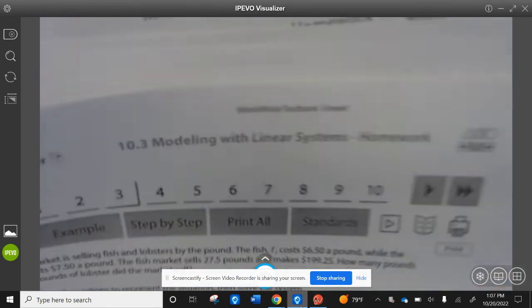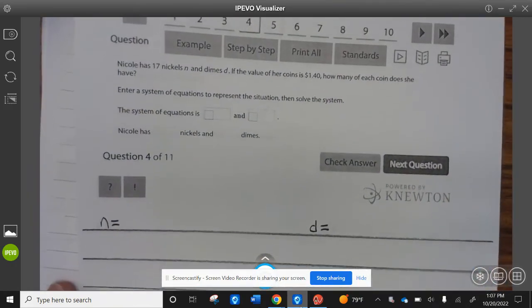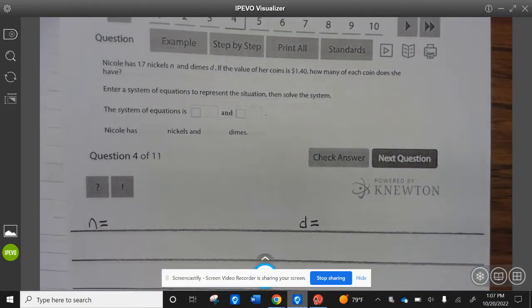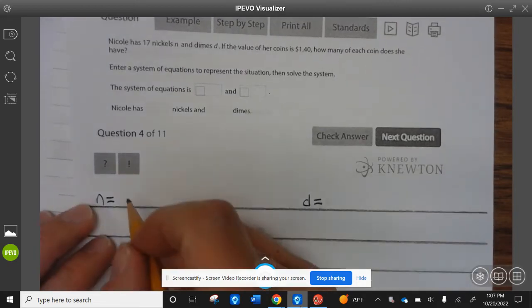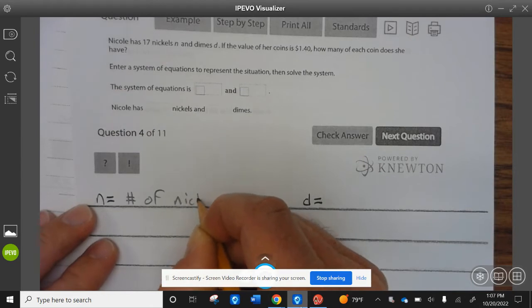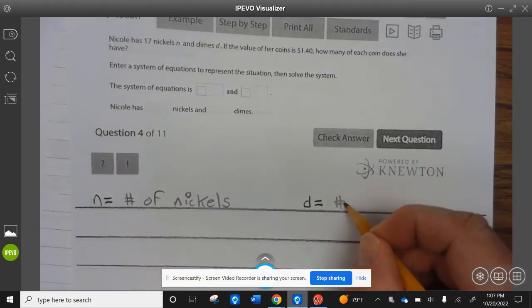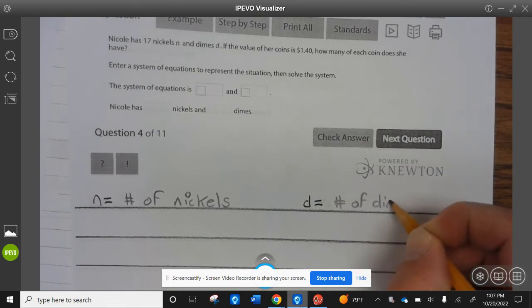All right, let's take a look at the next example. Nicole has 17 nickels and dimes. If the value of the coins is $1.40, okay, so already N is the number of nickels, and D is the number of dimes.